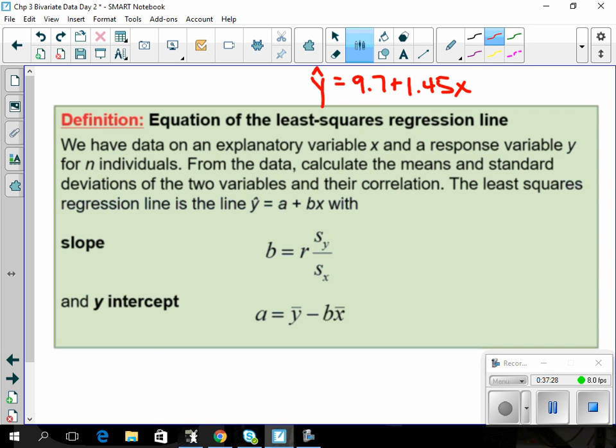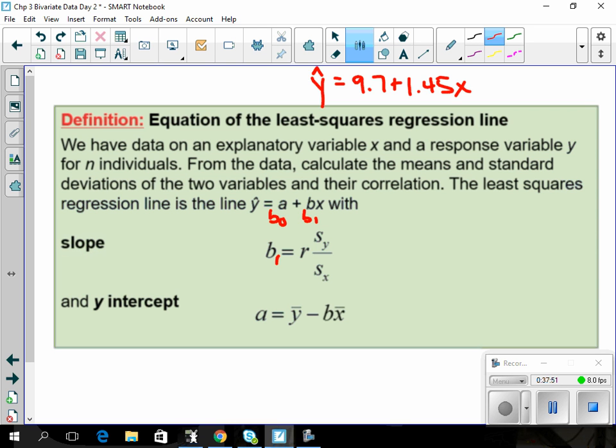Obviously we need to put in our variables there eventually, but we will. So how do I get those numbers? Well, you have formulas on your formula sheet. They look a little bit different here. This is our b naught, and this is our b1, right?